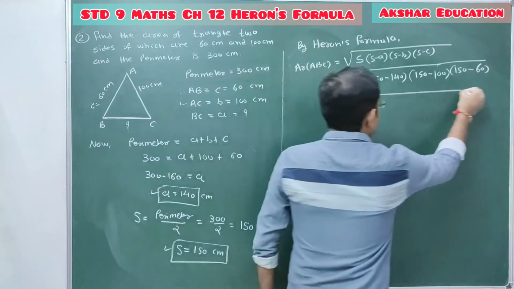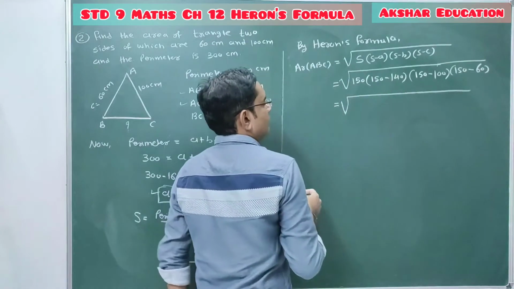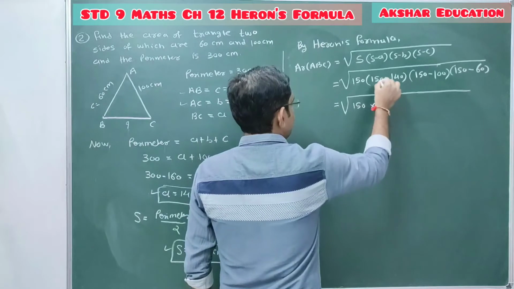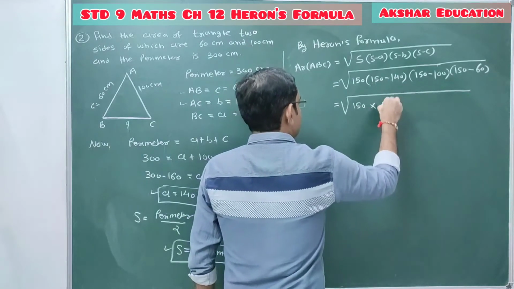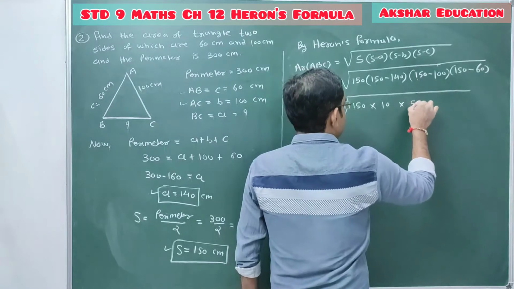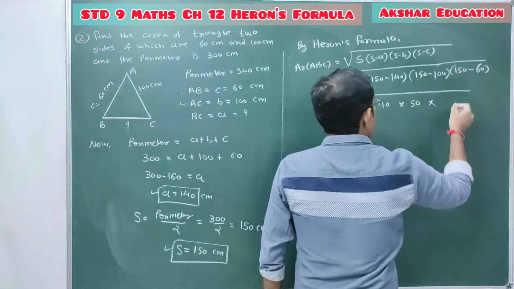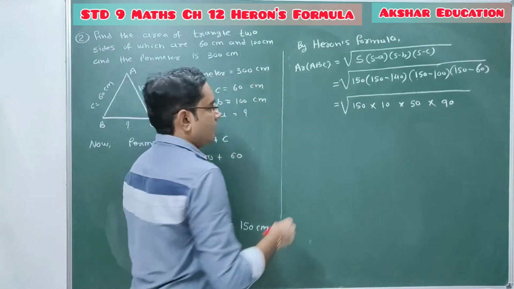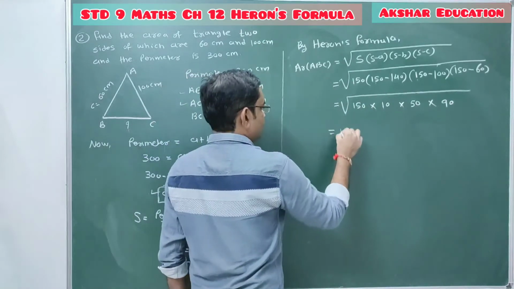So we are trying to write the factors in terms of perfect square numbers. So this is 150 minus 140, 10, 150 minus 100, 50, and 150 minus 60, 90. So now we have to write the perfect square numbers.